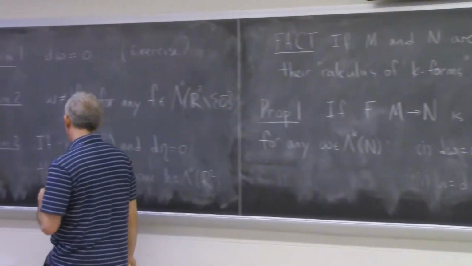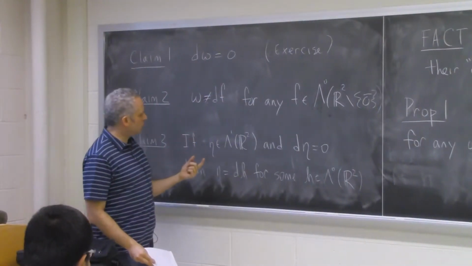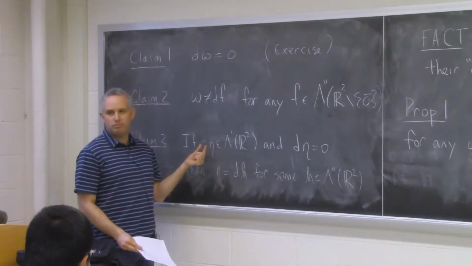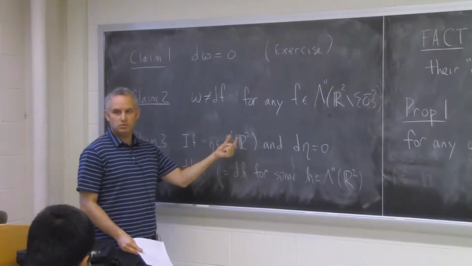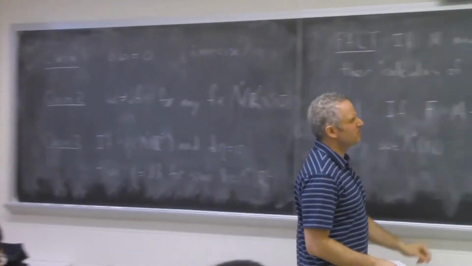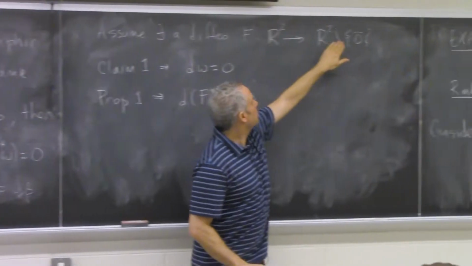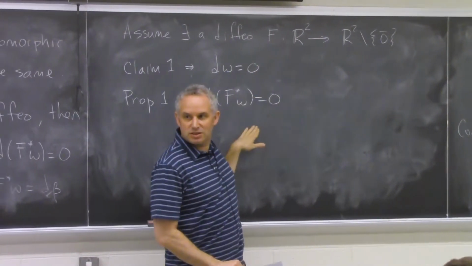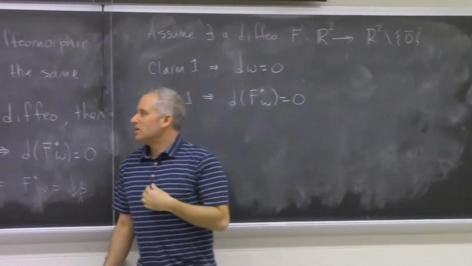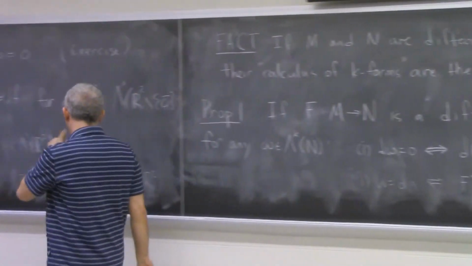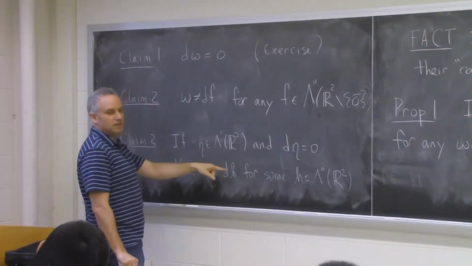And now claim 3. So f star omega is a one-form on R2. Right? We started with something here, we pulled it back to R2, and its d is 0. So claim 3 tells us that it is d of something.